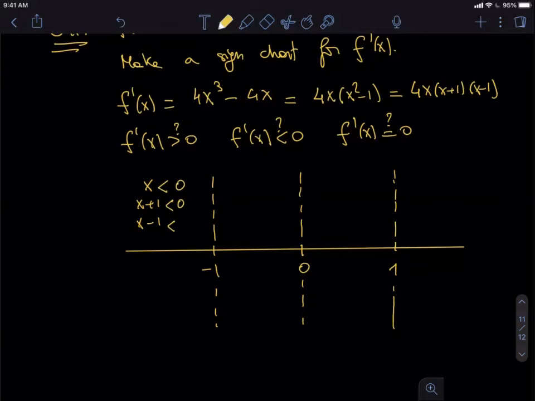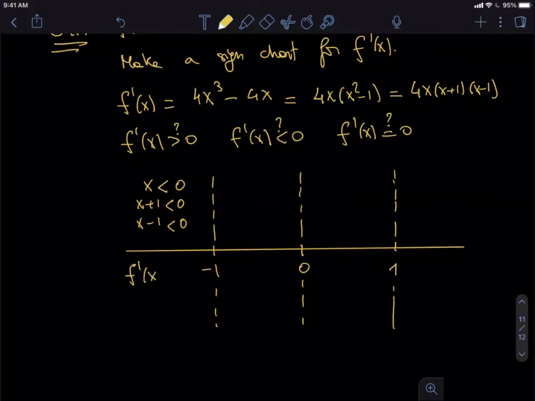And x minus 1, no chance. We are looking at negative numbers here, right? So if I subtract something, then it's even more negative. So all three of them are negative. And what happens when we multiply three negative numbers, as we are doing here? x is negative, x plus 1 is negative, x minus 1 is negative. So it's minus times minus plus times minus minus.